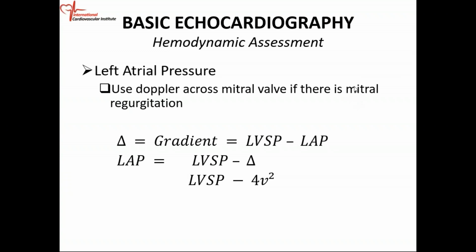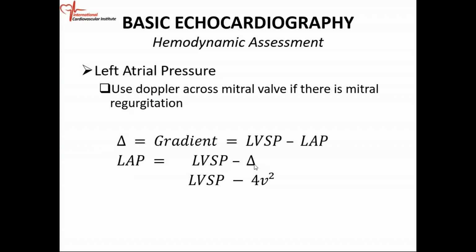So the gradient, which is the pressure in the LV minus the pressure in the left atrium, so your LV systolic pressure minus left atrial pressure, that's the gradient. Okay? So if you want to calculate the left atrial pressure, you just rearrange the equation, and the left atrial pressure is equal to the left ventricular systolic pressure minus the gradient.